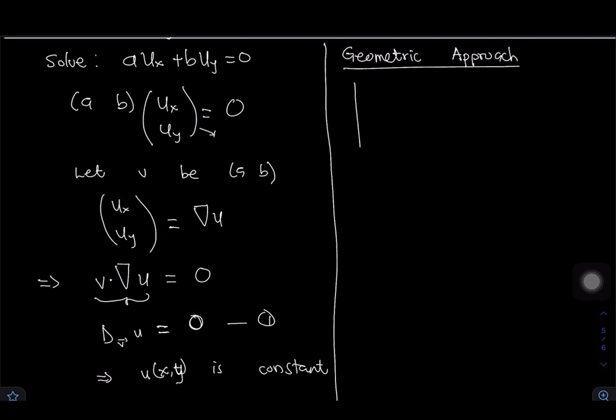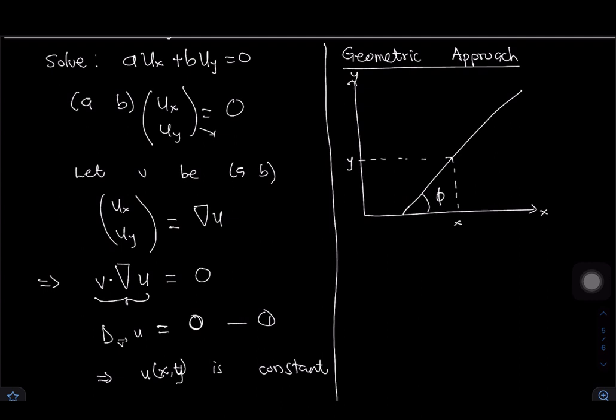So on my xy plane, I have this vector v at an angle phi. Then I'm going to call this one x, that is my x coordinate, and y, my y coordinate of this point. Now this x and y are actually variable.